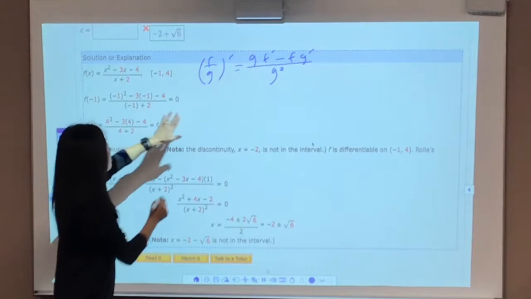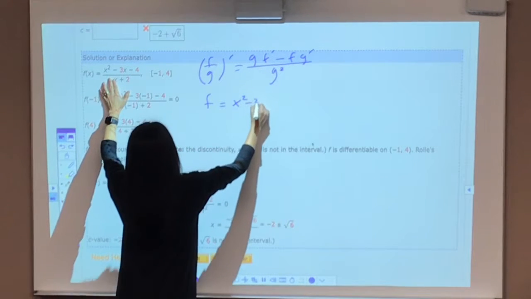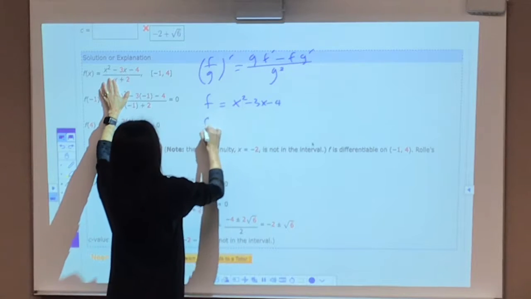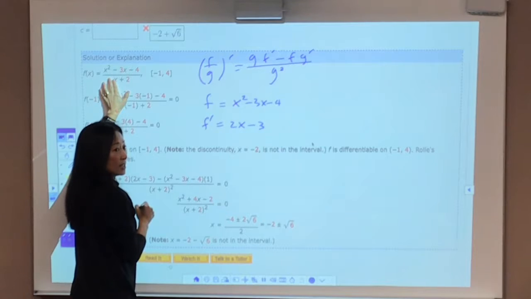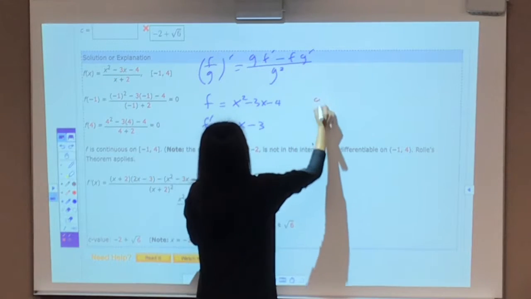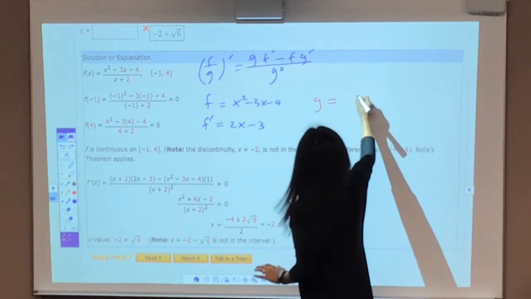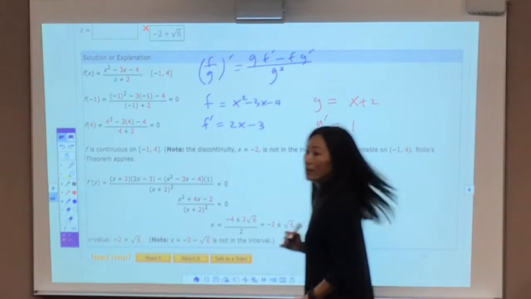So let's write this down. What's my f? It's x squared minus 3x minus 4. What's my f prime? 2x minus 3. Are you with me? All right, what's my g? g is equal to x plus 2. So my g prime is just 1.